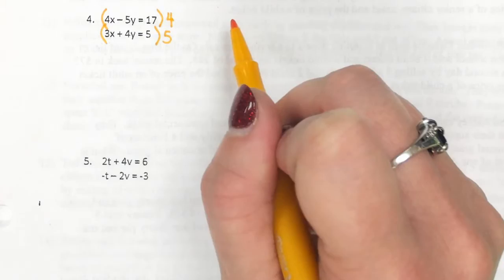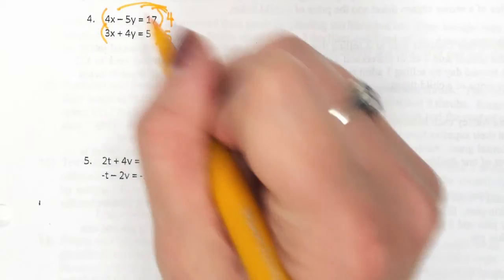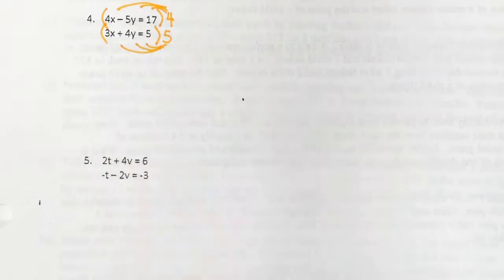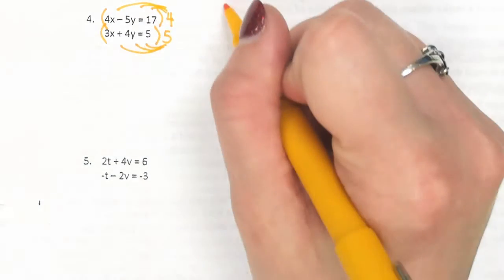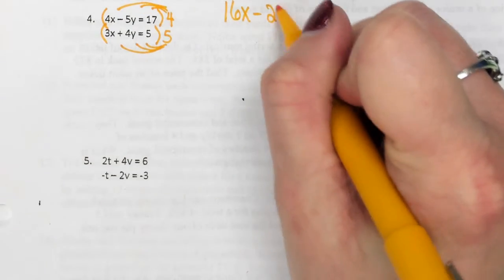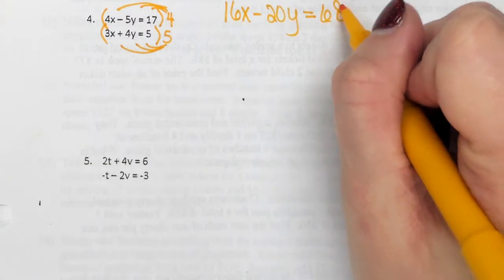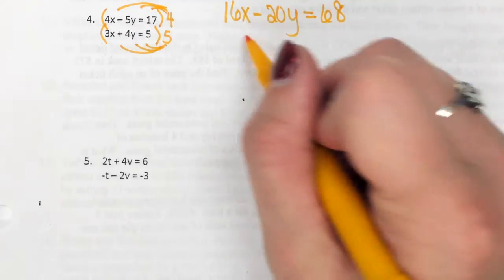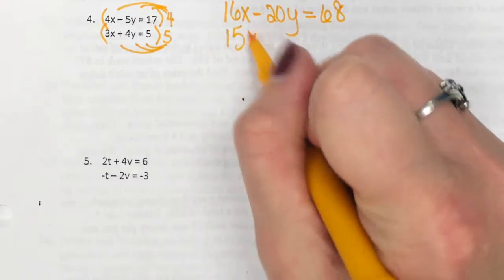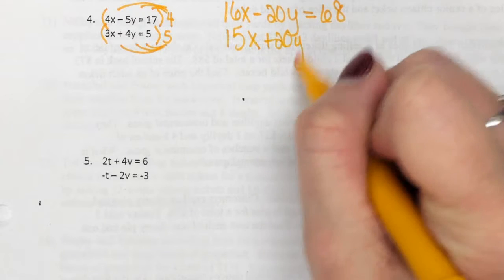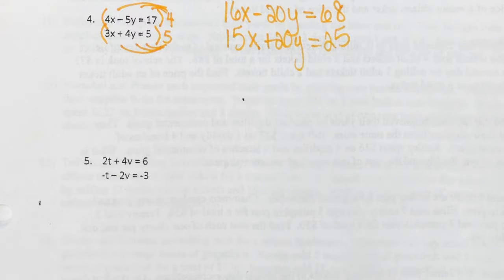But look, you have to multiply each one of those terms by 4 and each one of those terms by 5, okay? So we have 16x minus 20y is equal to 68, and then 15x plus 20y is equal to 25. Are y'all okay with that?